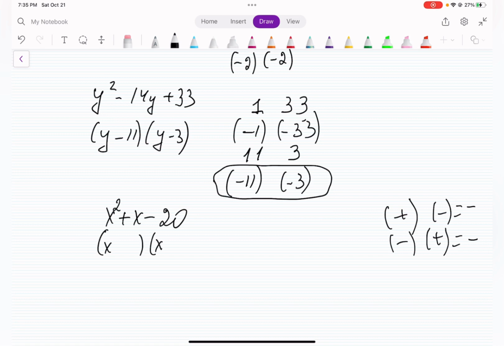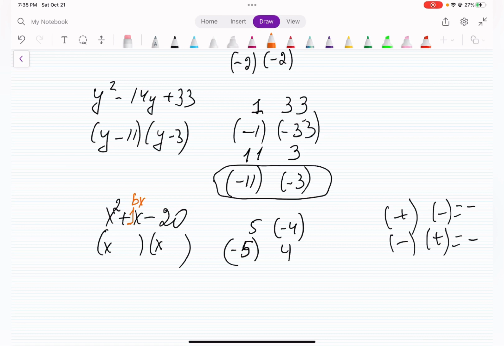Let's find numbers. -20 is going to be either 5 times -4, or 4 times -5. One thing I want to let you know: here we have only one x, so b is equal to 1. When b is equal to 1, that means the two numbers are following each other: 1, 2, 2, 3, 3, 4, 4, 5, because the difference is 1, right?